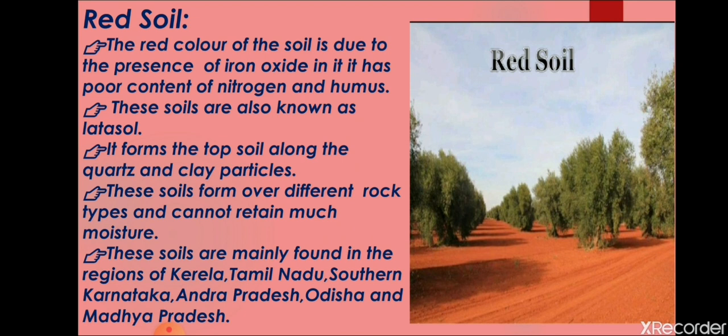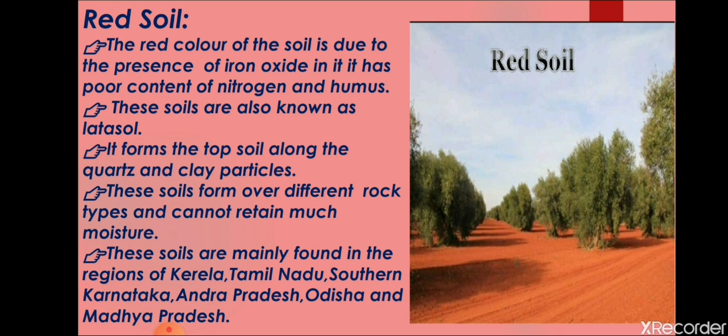It is red because of the presence of iron oxide. This soil has poor content of nitrogen and humus; a small amount of humus and nitrogen is present in this soil. Remember this also, this soil is also known as laterite soil.